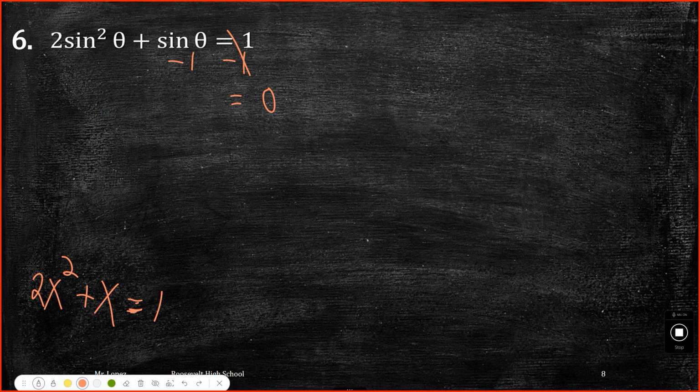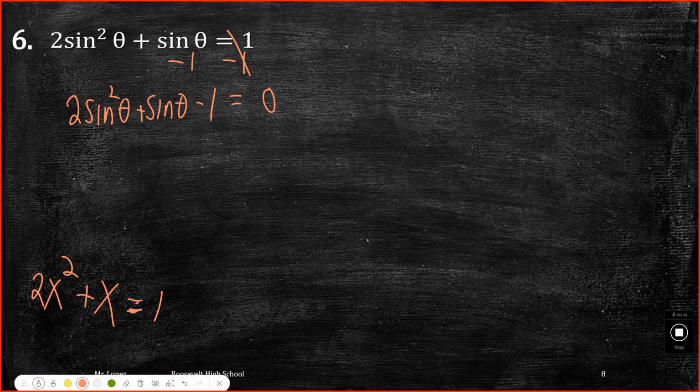I'm going to leave that as 2 sine squared theta plus sine theta minus 1. Already in my head, I'm thinking this is x squared, this is x. Basically, we need to factor this.